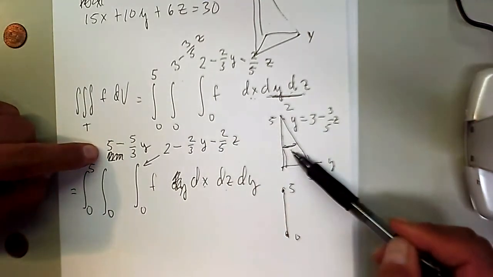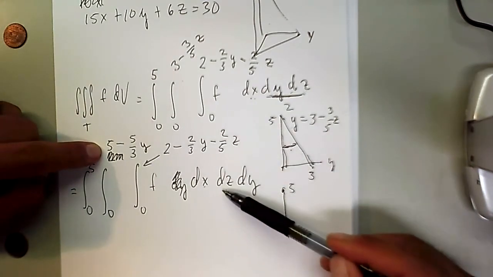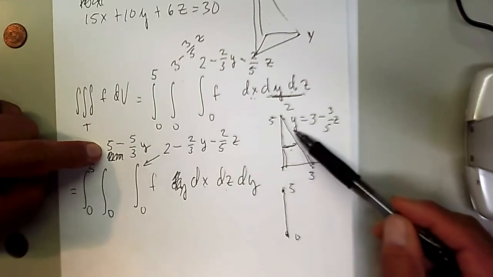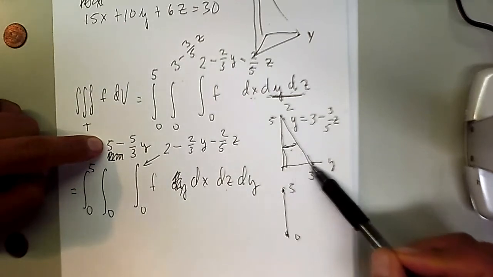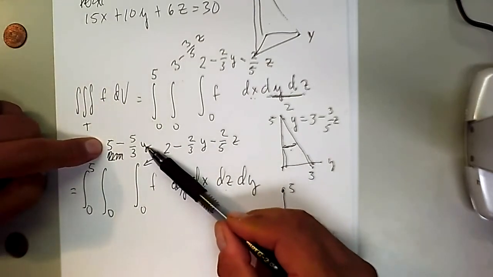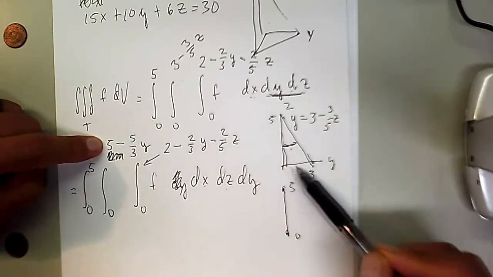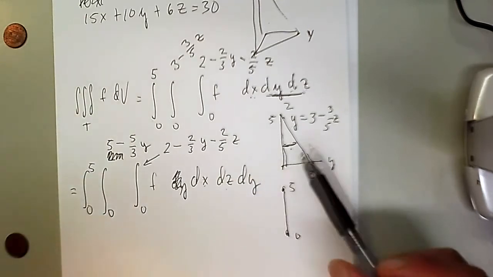And then once we are in this picture, z can go up to 5 minus something. The farther we go from 0 on the y, the less z we're going to get. And this makes sense. When y is 3, we end up with 5 minus 5, which gives us 0. Yep, so this is accurate.